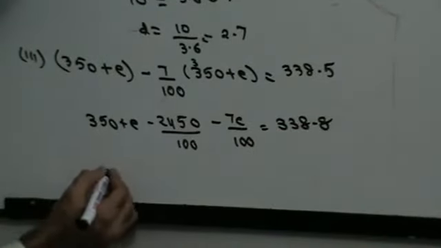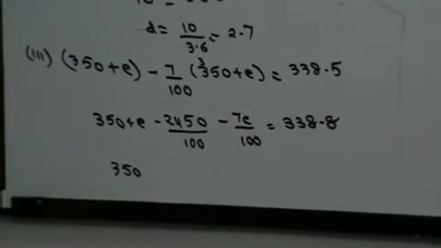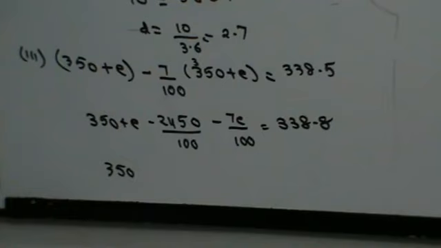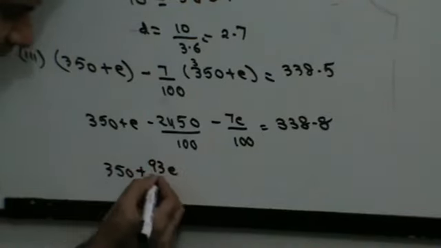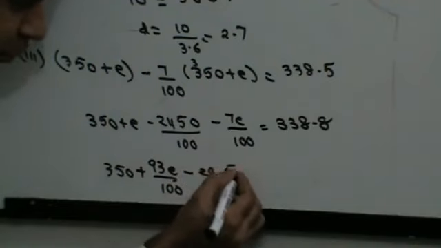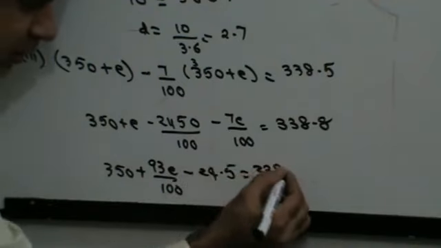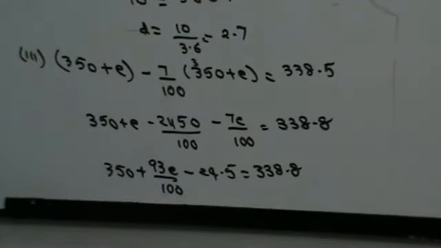Now, this is 350 plus E minus 7E upon 100, LCM 100 minus 7, 93. 93 E upon 100 minus 24.5 should give you 338.5. Now, 350 minus 24.5 should give you 325.5.